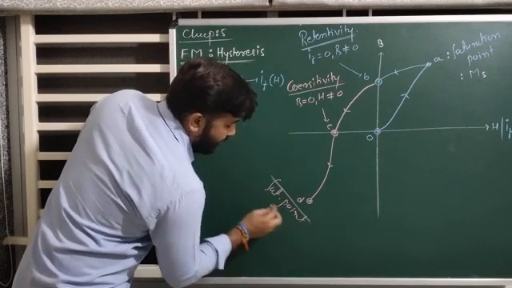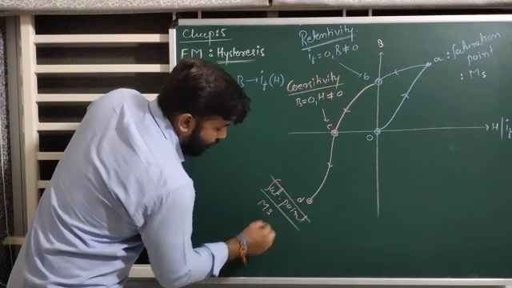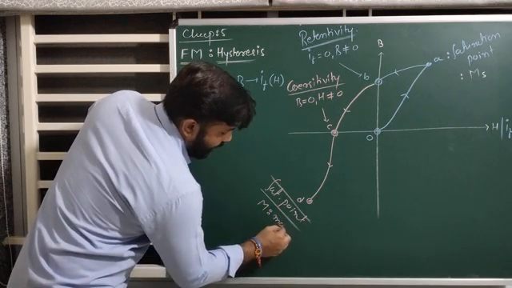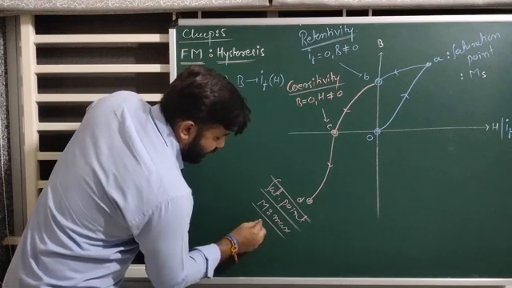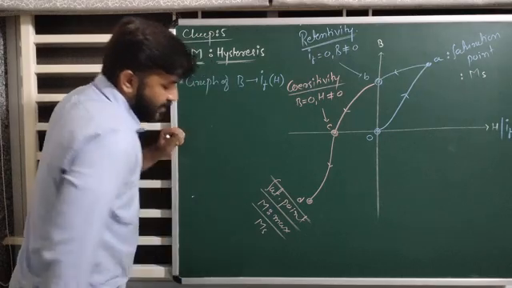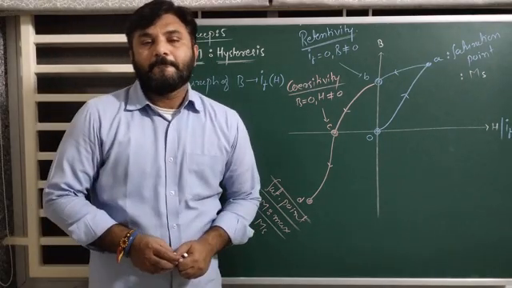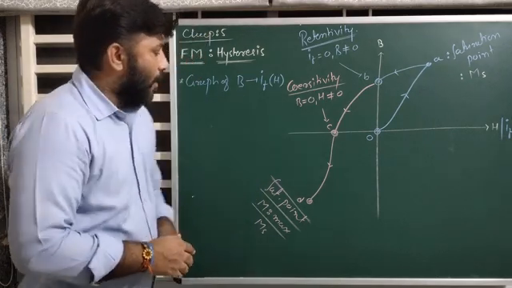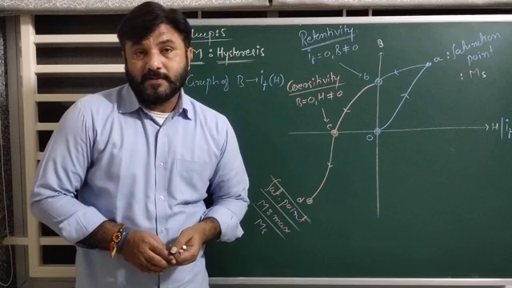Right? And in this saturation point, we know that magnetization is maximum, and it is symbolized as MS, magnetization at a saturation point. Clear? Now, after this, there is a vice versa process.